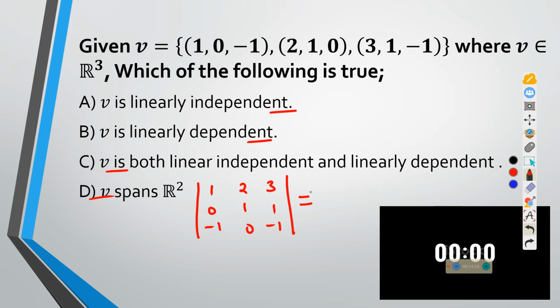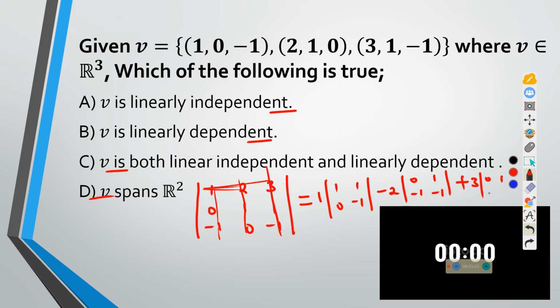So this is 1 into, so remove this and this, remain with 1, 0, 1, negative 1. Then minus 2, eliminate this and that, remain with 0, negative 1, 1, negative 1. Add there 3 into, eliminate this and this, get 0, 1, then negative 1, 0. Then try to get the determinant. So this is 1 into negative 1 minus 0, which is negative 1, minus 2 into 0 minus negative 1.